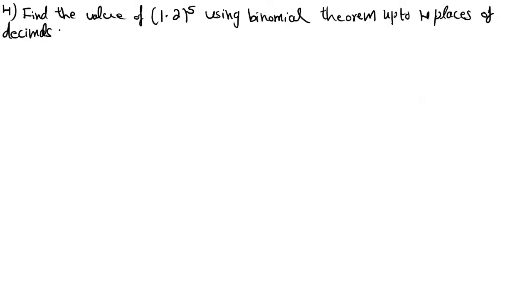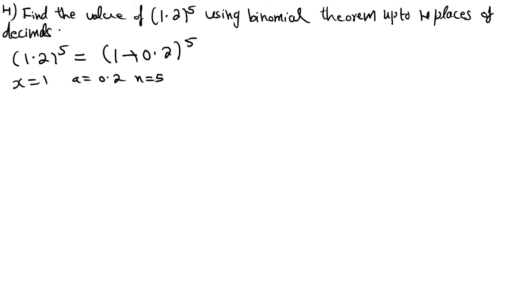Okay, see the next question. Find the value of 1.2 to the power 5 using binomial theorem up to 4 places of decimals. Here consider 1.2 to the power 5. Here you can write it as 1 plus 0.2 to the power 5. Okay, now see here x value equal to 1, a value equal to 0.2, index n equal to 5.